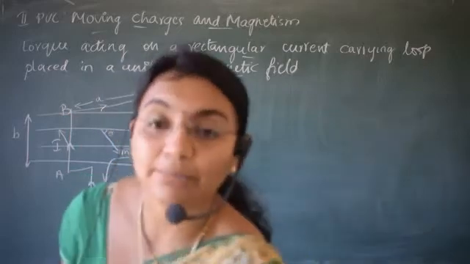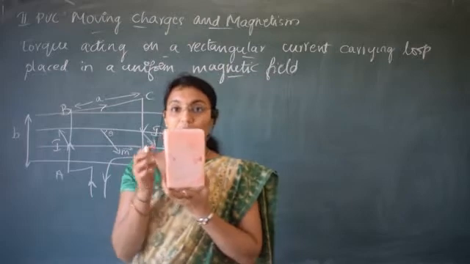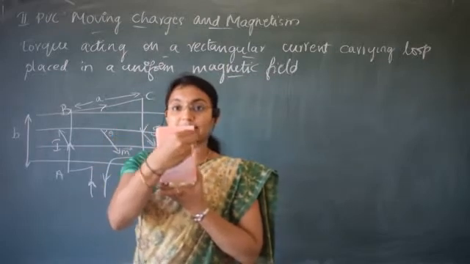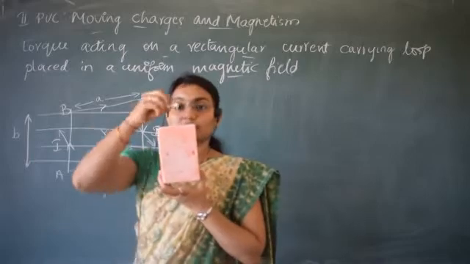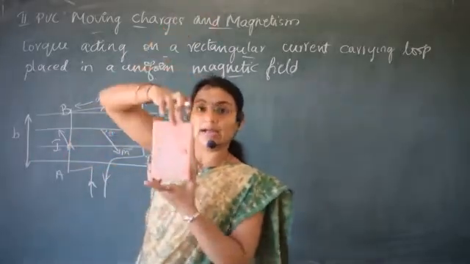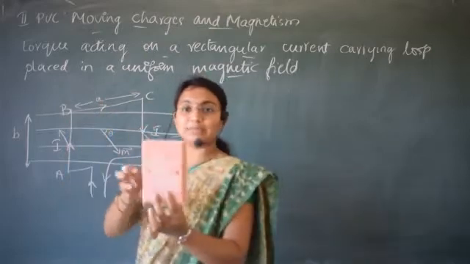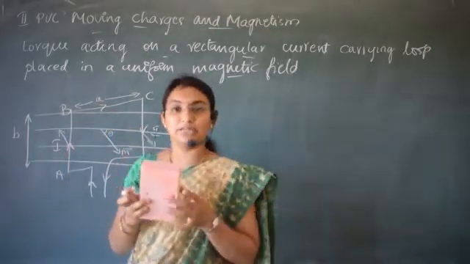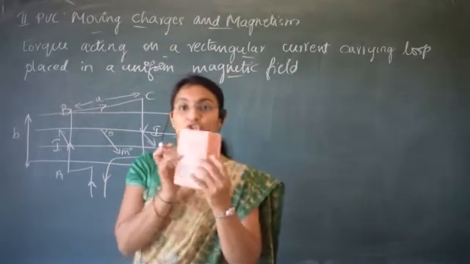See, for example, I have this over here. It's rectangular in shape. I will say A, B, C, D. The forces acting on this will be equal and opposite, so they'll get cancelled out. Here one force is pulling in this side, the other force is pulling in this side. The net force gets cancelled out, but it starts twisting.